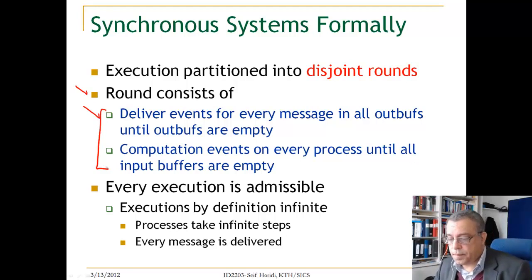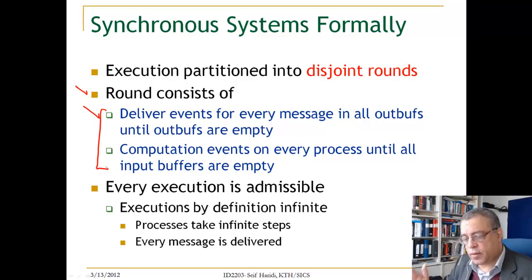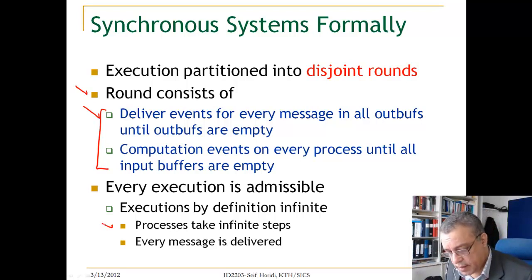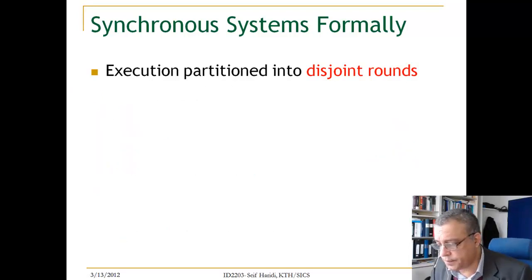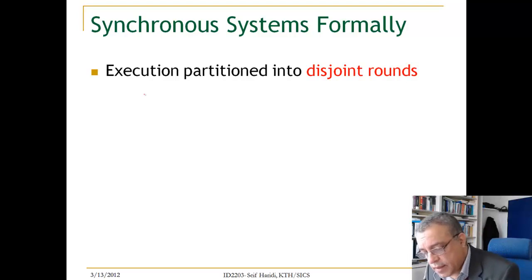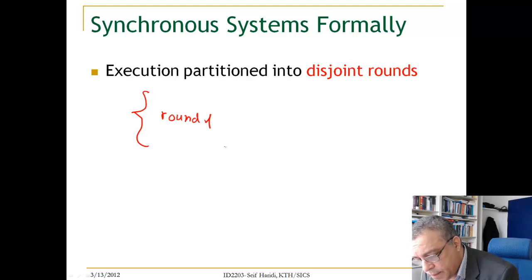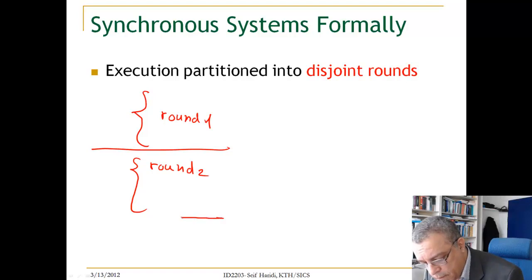In a synchronous system, every execution is admissible, but it has to obey the constraints: first deliver all messages, then do computation steps. And every process takes infinite steps, and every message is delivered. So we see it here. You can think of the execution as happening in rounds: round 1, followed by round 2, followed by round 3, and so on.